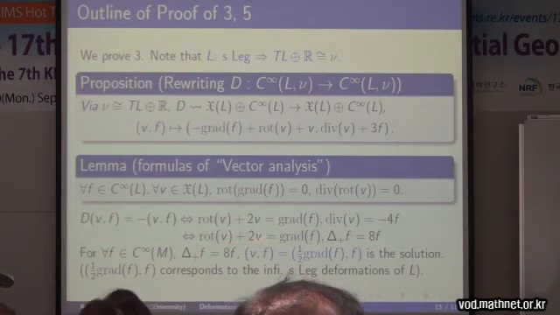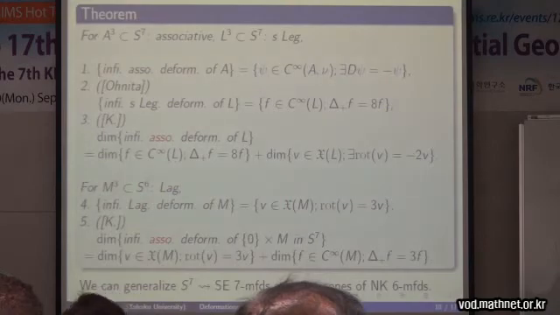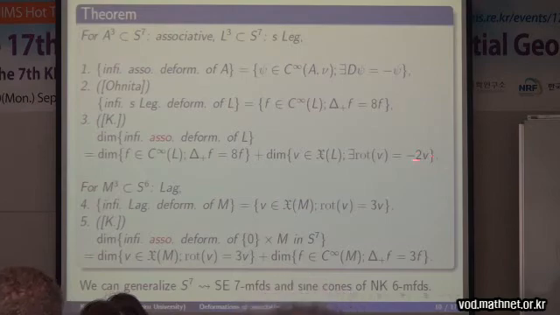To obtain other solutions, we only have to set f equal to 0. Then we obtain rotation v plus 2v equals 0, which implies the proof. So we obtain this theorem.